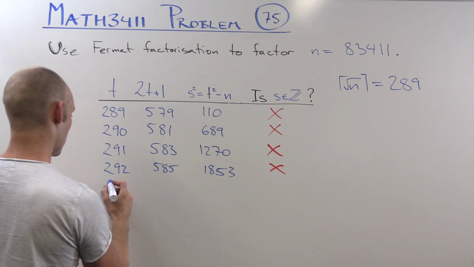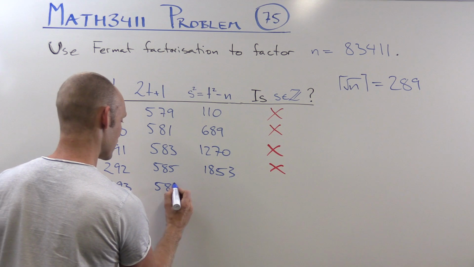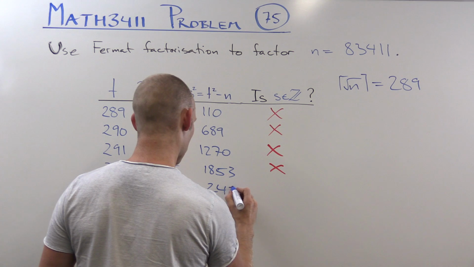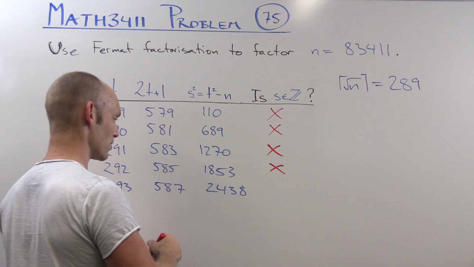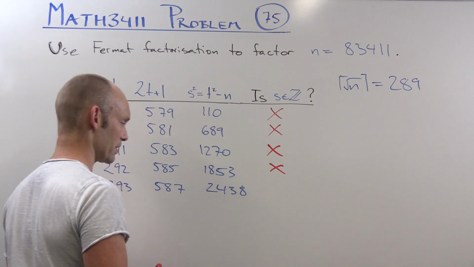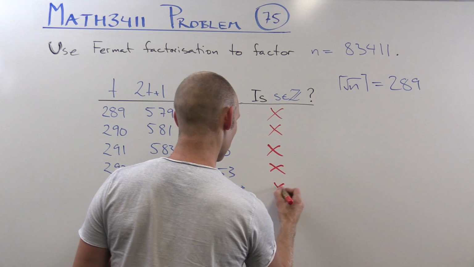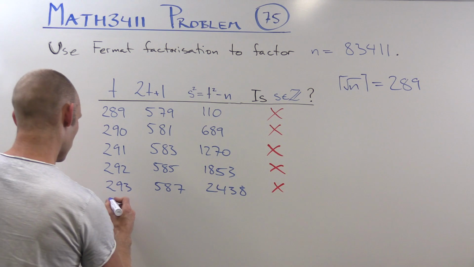Let's see. We get 293, 587, and 2438. That is still not a square. I suppose it's not very close to being a square, but it's not far from being 50 squared, but it's not quite.